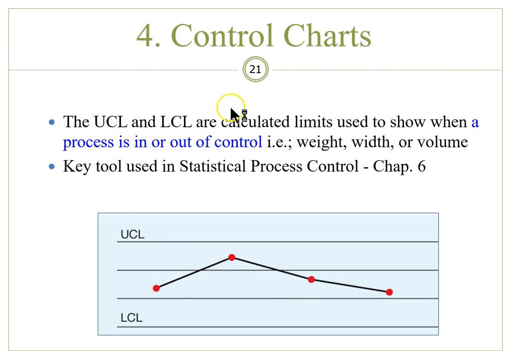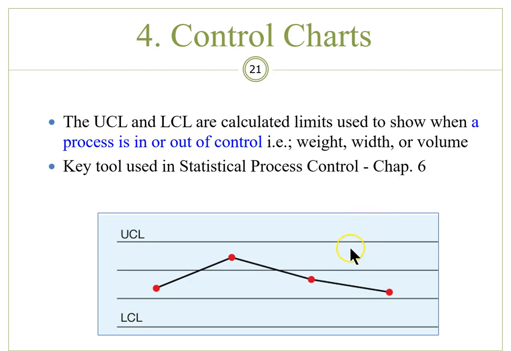You have control charts, which use the UCL and LCL calculated limits to show when a process is in control or out of control. For example, the weight, the width, or the volume. And we will come back to this when we go to Chapter 6, because it's the key tool used in statistical process control, which is what Chapter 6 is about.